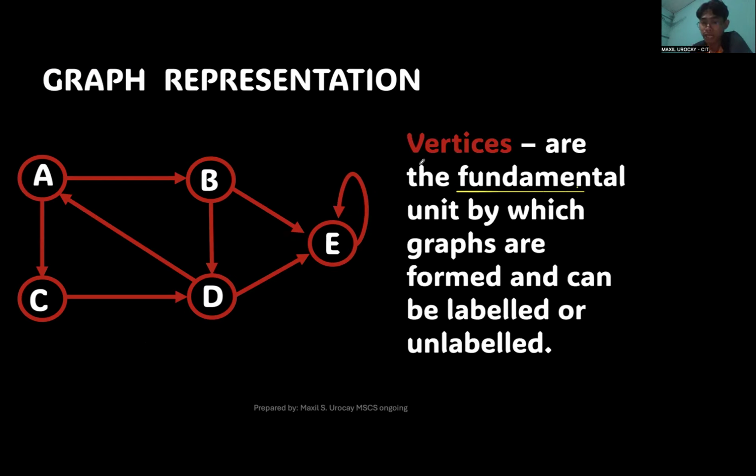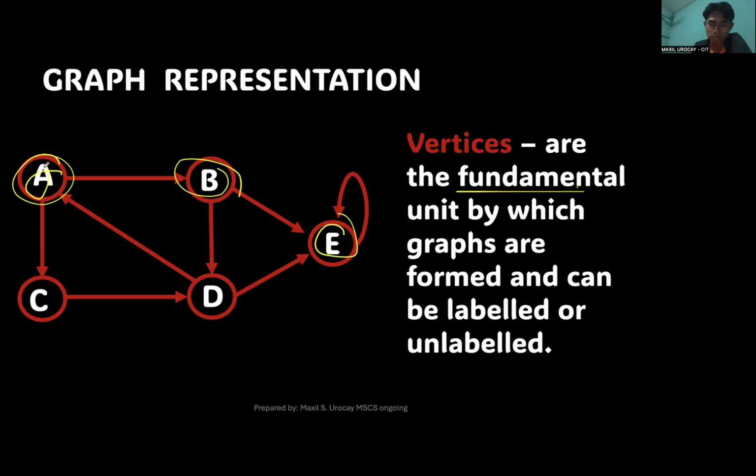When we say vertex, this is your node, the vertex that contains the data itself. It is labeled here as A or B, something like that, and that is the element being stored in that particular vertex.